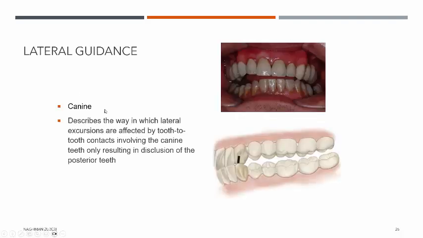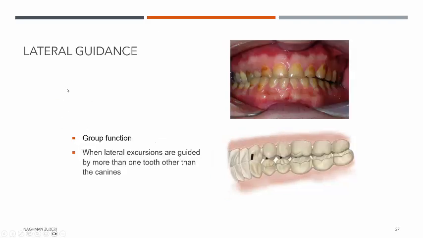Lateral guidance, canine guidance, describes the way in which lateral excursions are affected by tooth-to-tooth contacts involving the canine teeth only, resulting in disclusion of the posterior teeth. Group function, when lateral excursions are guided by more than one tooth other than the canines on the working side, and the non-working side is out of occlusion.